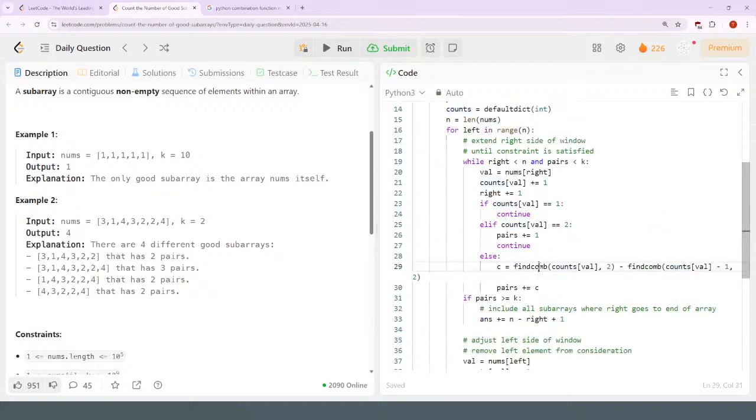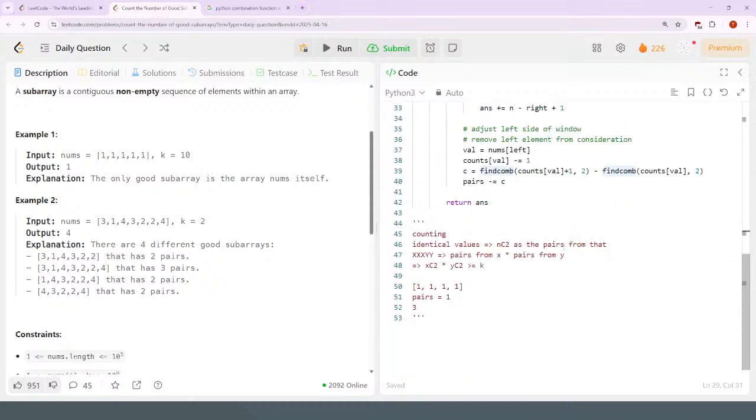I wonder if this is just too slow, the combination deal. So if you go from 4 choose 2 to 5 choose 2, what is the formula there? 4 choose 2 to 5 choose 2.